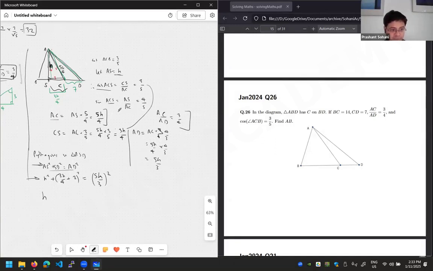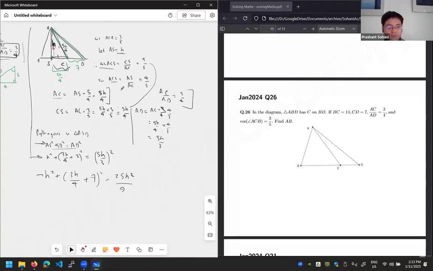Even in solving this equation, somebody might try to expand this whole thing and then solve it that way, but actually it can be done a little bit more efficiently. If you observe this, what is the RHS? It is 25h square by 9. If I take this h square to the other side, it is going to become a perfect square on the RHS also.